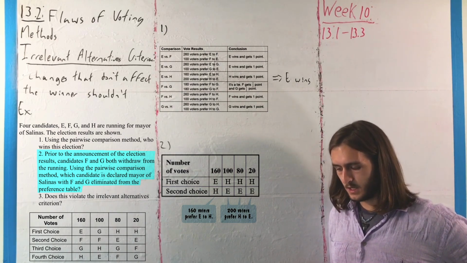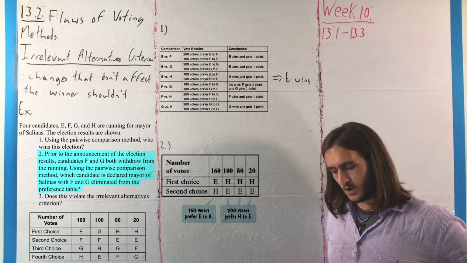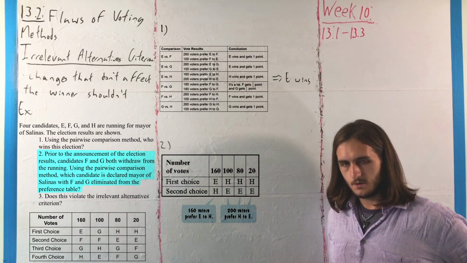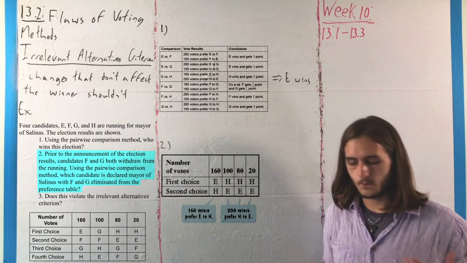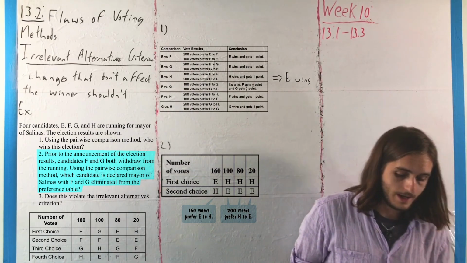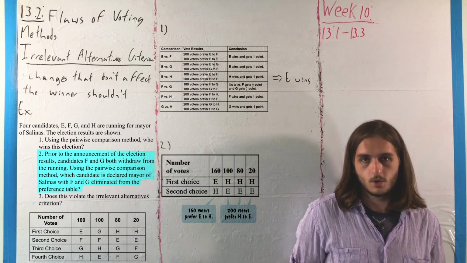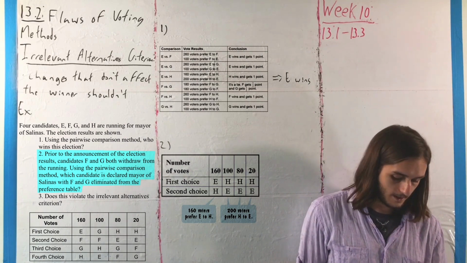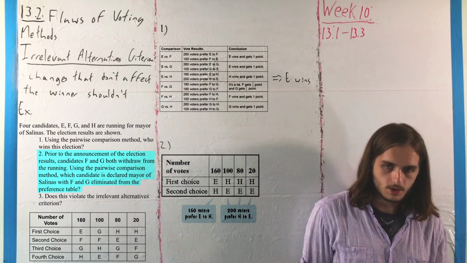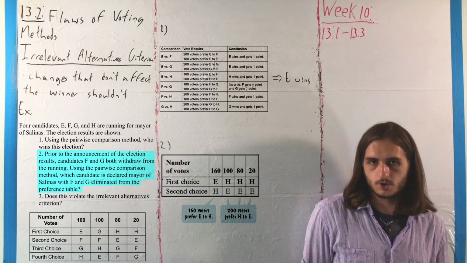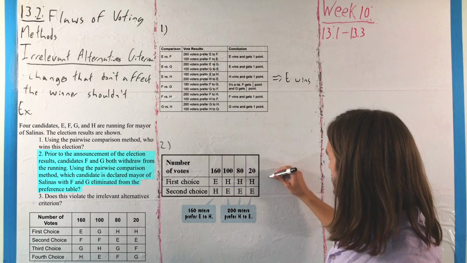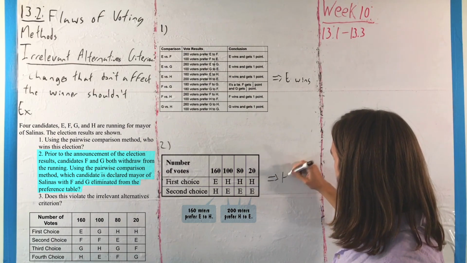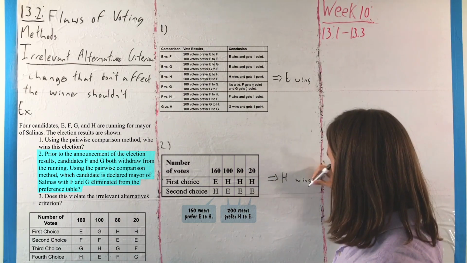However, because E wasn't all that popular with voters other than their group of 160, with their plurality at the start, we would end up having that from our pairwise comparisons, H gets 200 of those possible votes. And so in this arrangement, we would have that H wins.